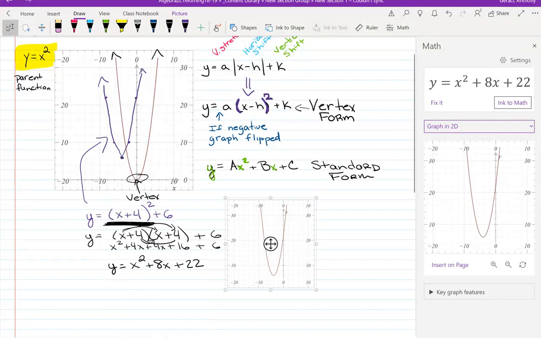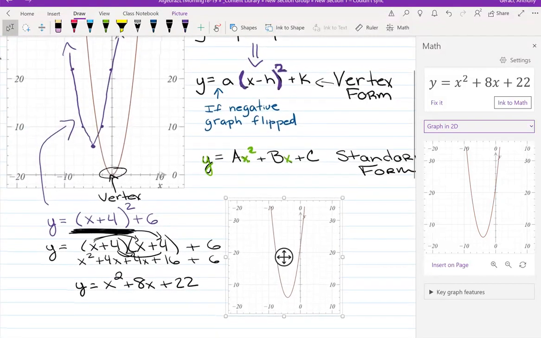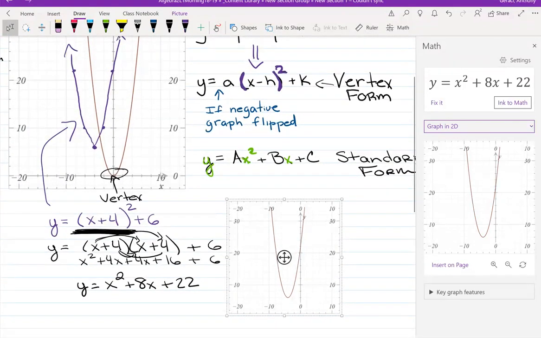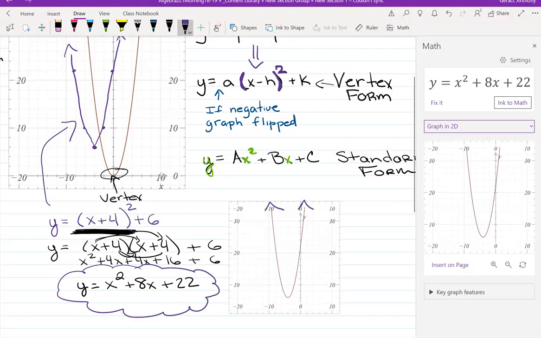So now, this graph and the purple one look pretty close to the same. That's what I'm talking about. So now there's key features in this graph that you can see here. One of them is you can see the y-intercept, which is right there.